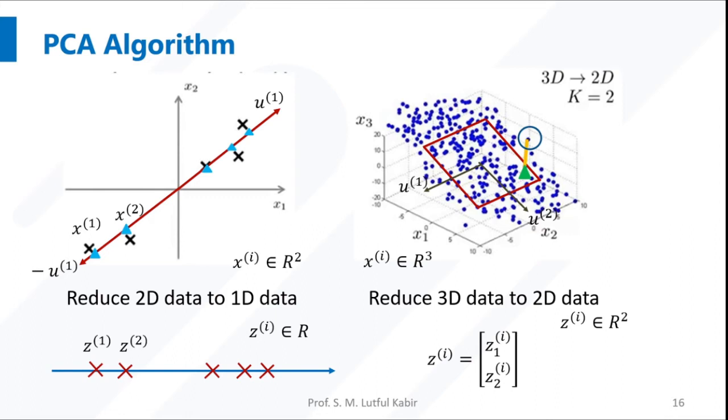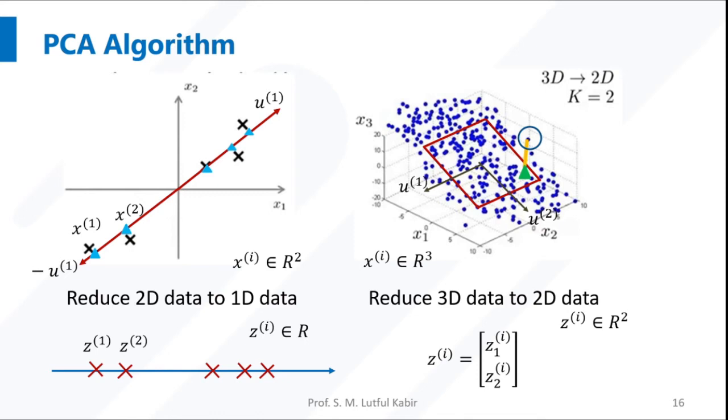That means z will have two components, z1 and z2. z1 is the component corresponding to the u1 axis, and z2 corresponds to the u2 axis.